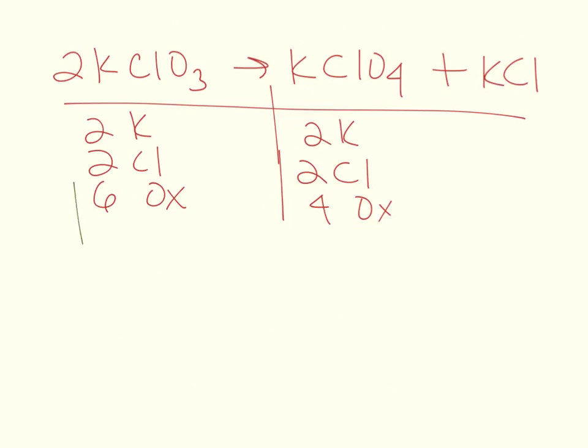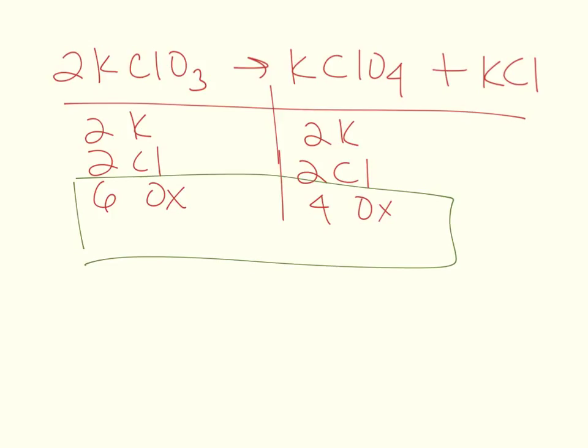Before, we could easily just multiply potassium and chlorine on the reactant side by 2 in order to balance them on both sides of the chemical equation.